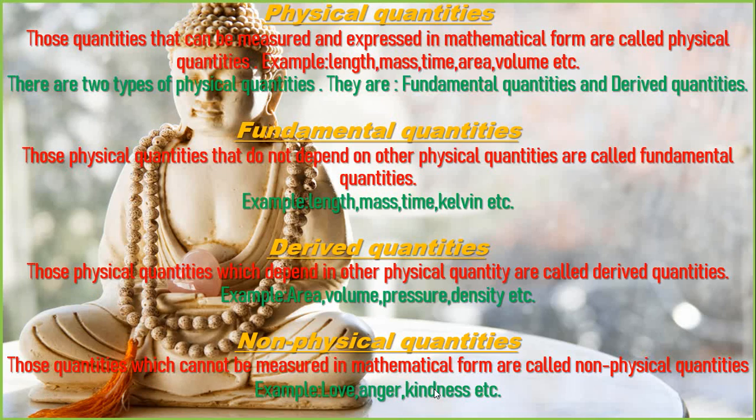For example, love cannot be measured, anger cannot be measured, kindness cannot be measured, and all abstract nouns cannot be measured. Not only abstract nouns, all those quantities which cannot be measured in mathematical form are known as non-physical quantities.